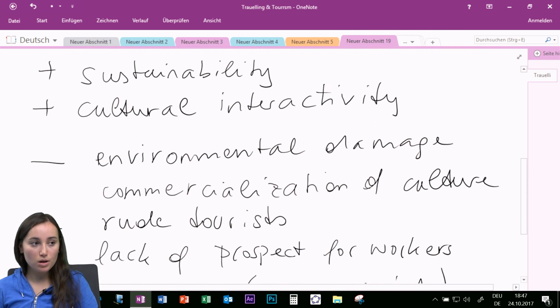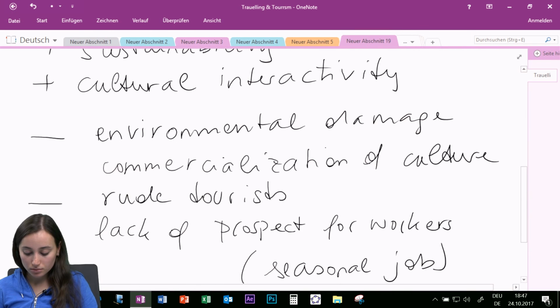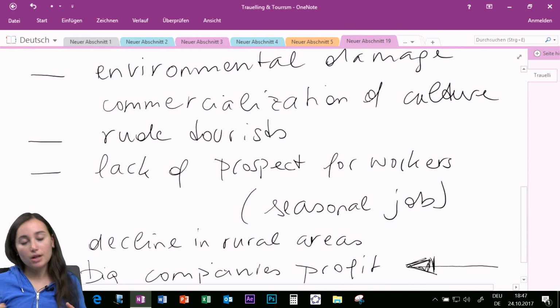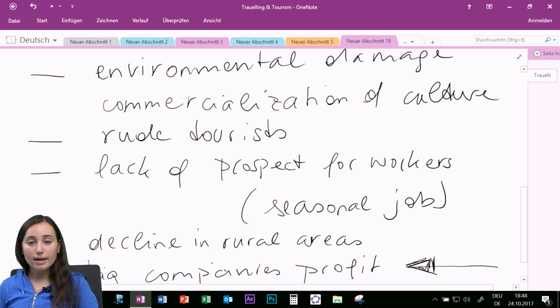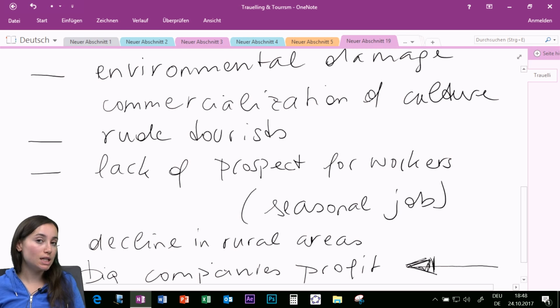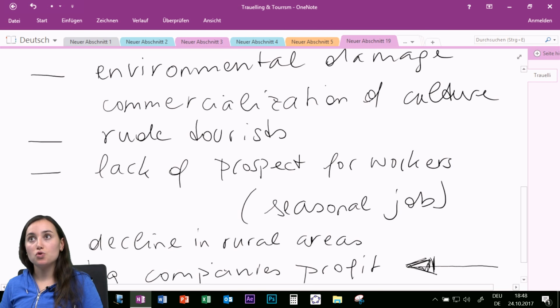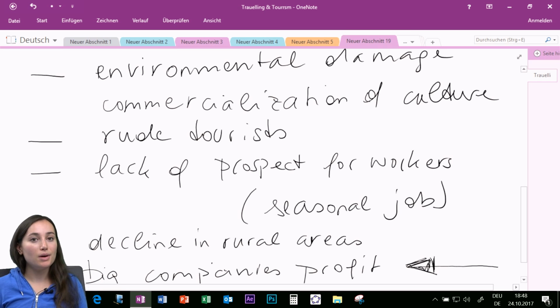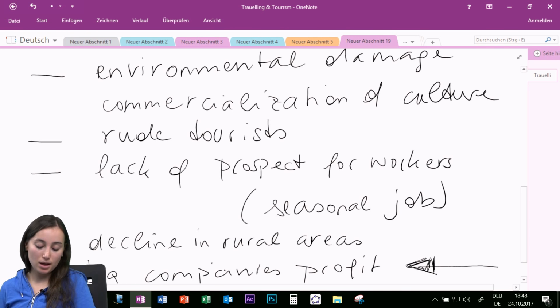And maybe one last. Then you could also say another disadvantage of tourism is that it leads to a commercialization of culture, which means that, for instance, people dress up in costumes and their cultural clothing, and this will be exploited for money.